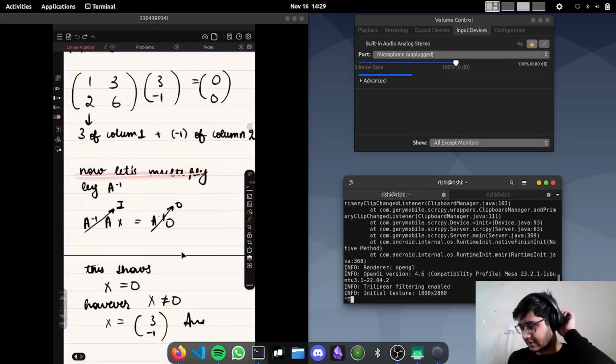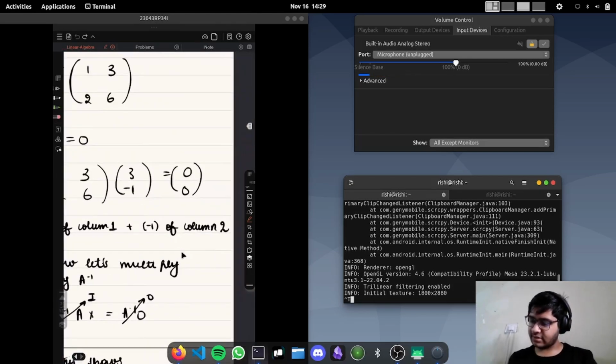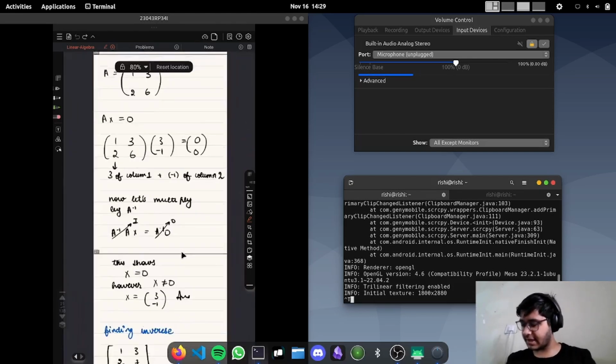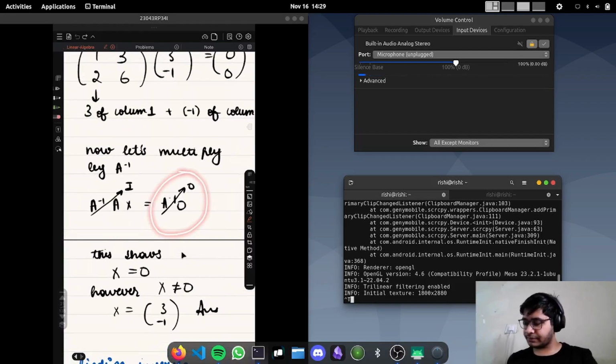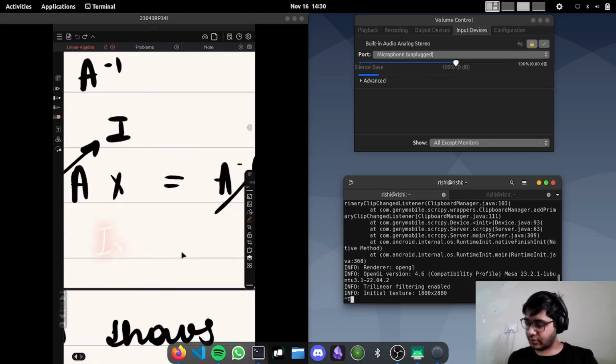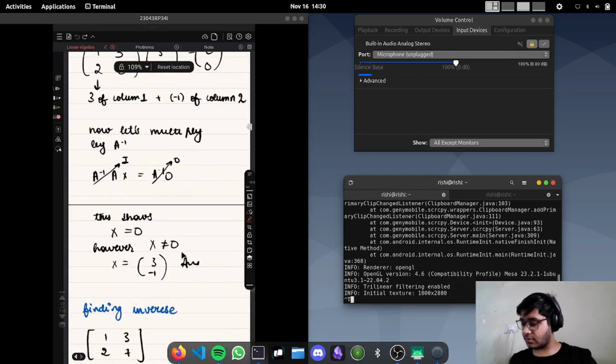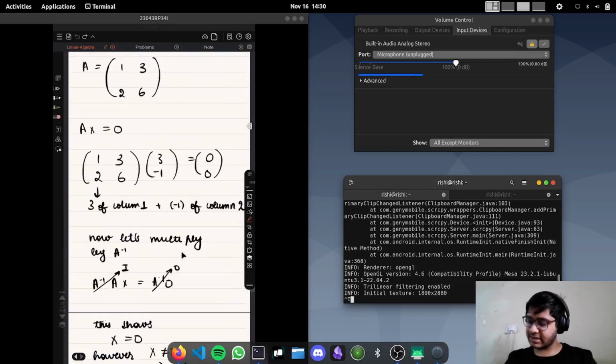Now let's multiply this with A inverse on both sides as a pre-multiplication, and this will result in 0. Because A inverse times A is defined as I, I times X is 0, so X essentially has to be 0. It has no way to not be 0, but this X is not 0. We have 3 and minus 1, which does the same thing for us.